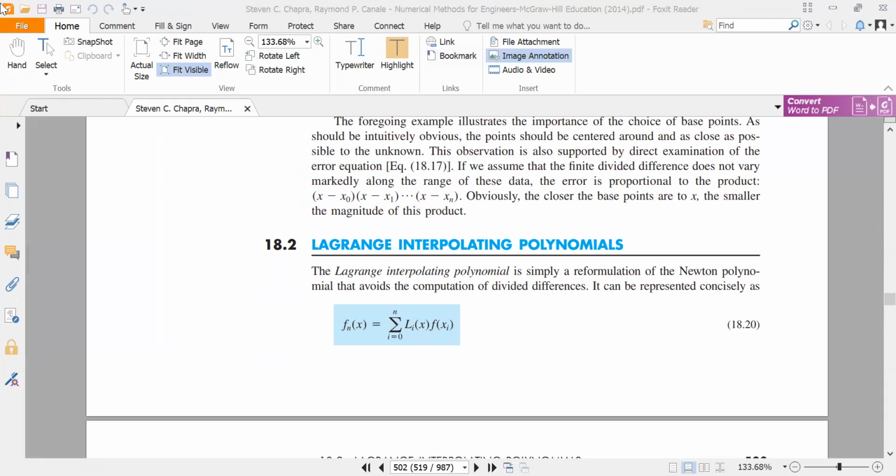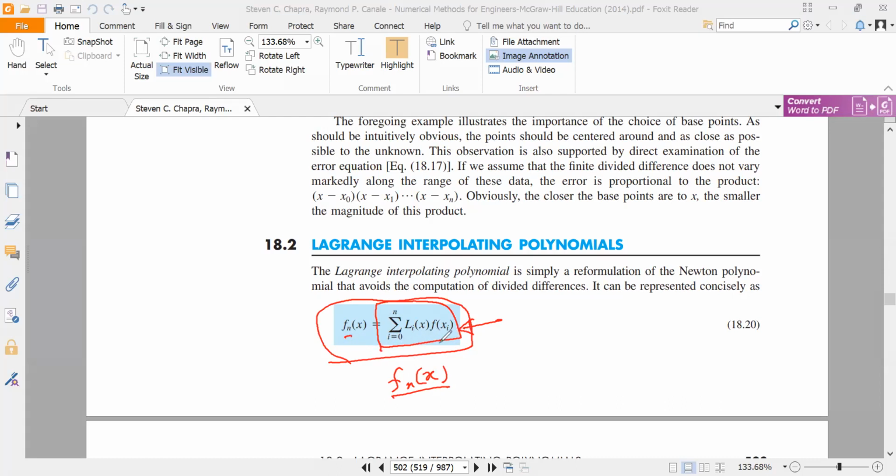Lagrange's polynomial, for example, you see that the subscript n in Fn represents the order. That means the function is approximated in this way, isn't it?